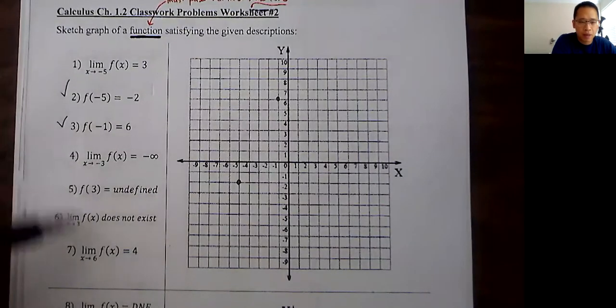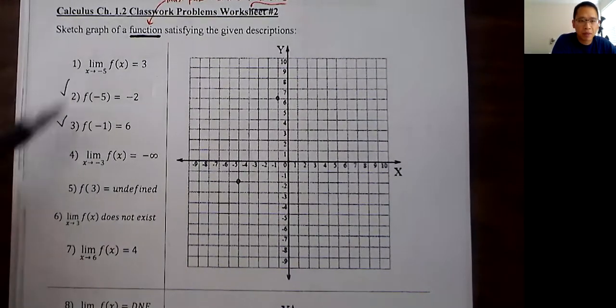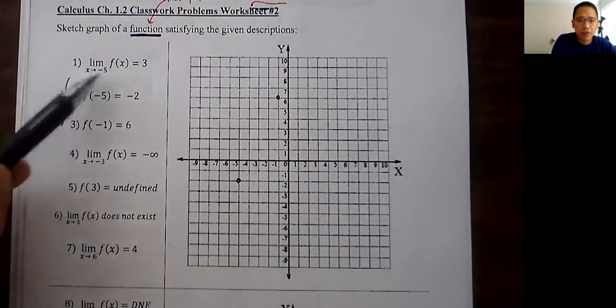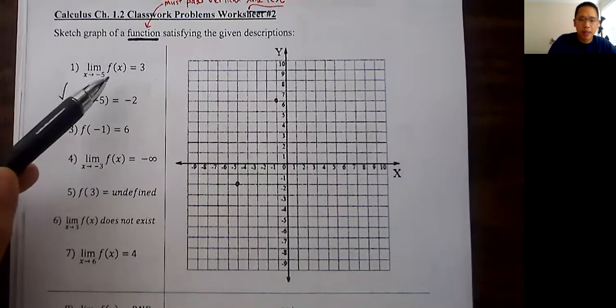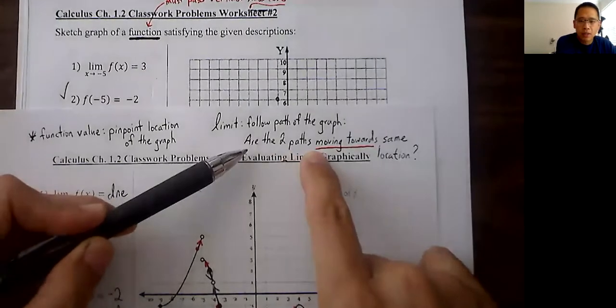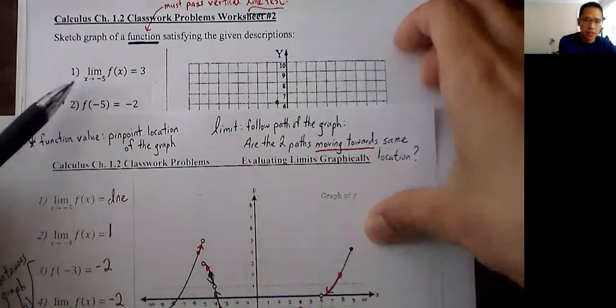So, okay. Now let's go back to number 1, because we've taken care of all the ordered pairs that we can. Limit as x approaches -5 is equal to 3. So again, to review the limit, visually we want the path of the graph to move towards the same location.